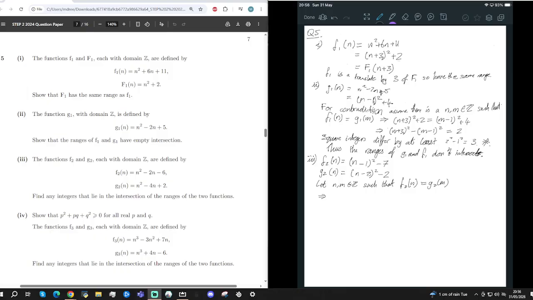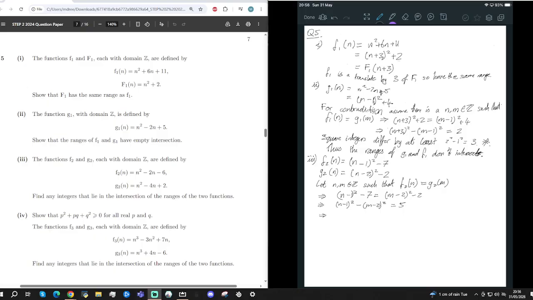So that means that n minus 1 squared minus 7 equals m minus 2 squared minus 2. So then the difference between my square numbers is 5.